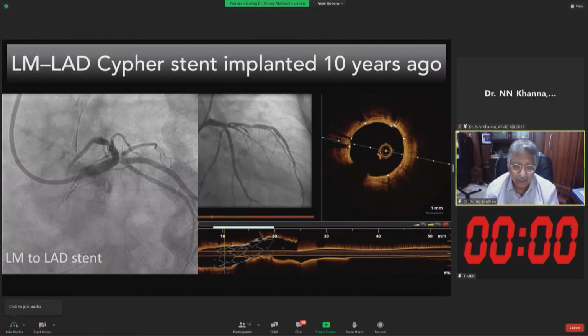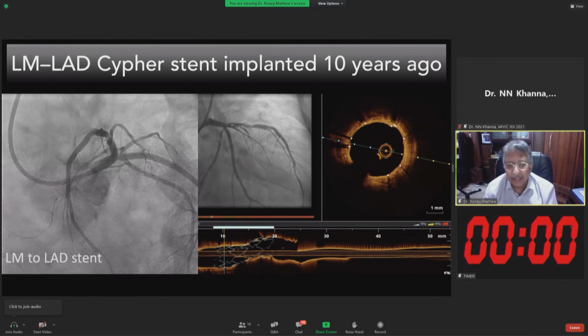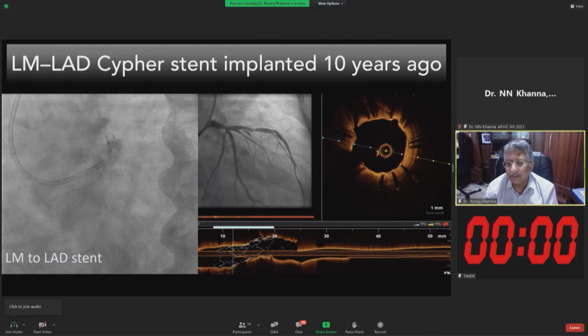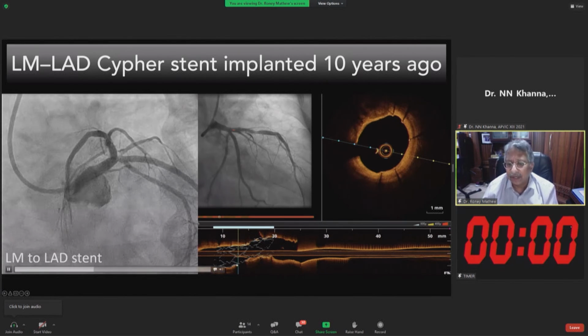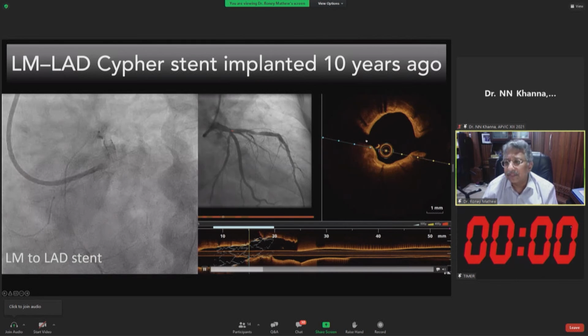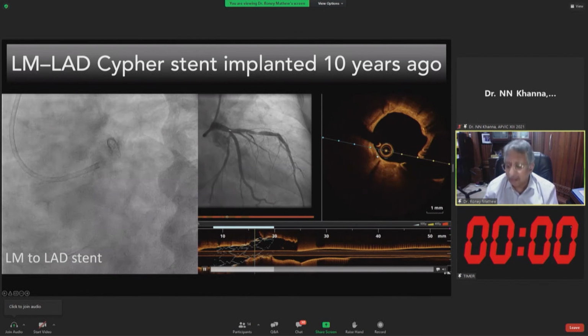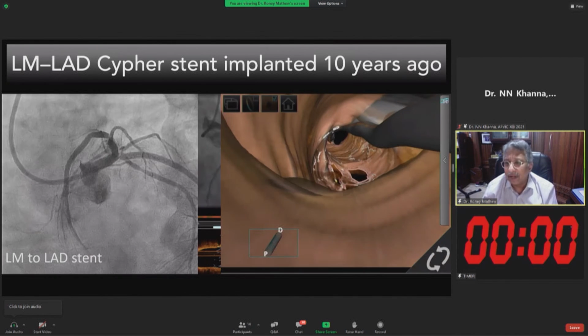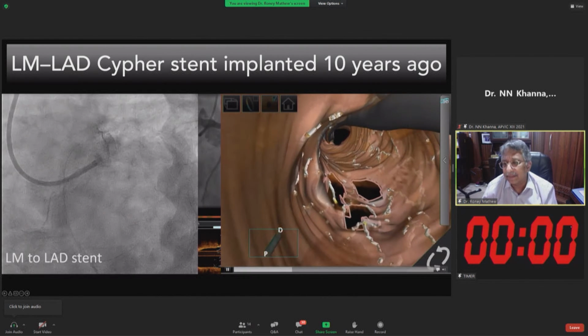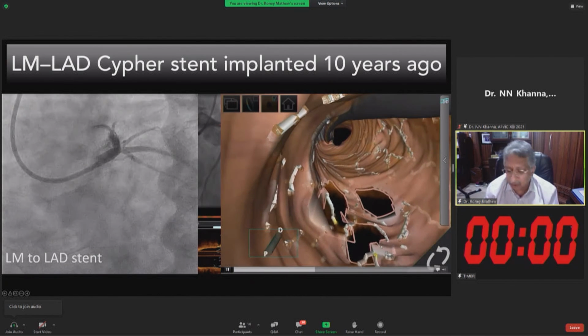Another case that I want to show you, a Cypher that was put in. Similarly, when you look at this run that goes by, you see that the side branch over here in the circumflex has been covered with neo-intima, and you see it being covered and opened, having 3 distinct openings on the circumflex, all because there's been neo-intimal growth.